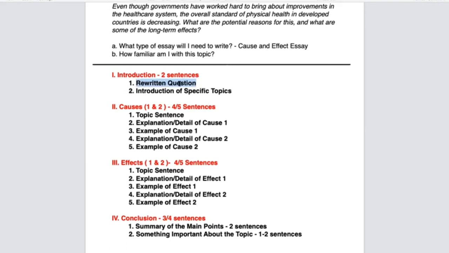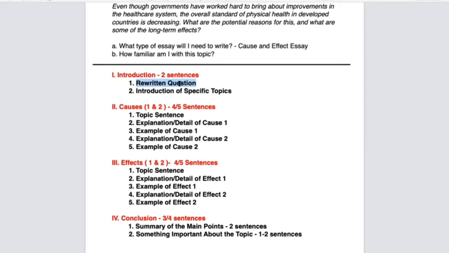Now, like I said earlier, the outline will help you for task achievement and coherence and cohesion. Writing out your notes before you actually start writing your essay will help you with a lexical resource, and it will get you thinking about the grammar structures that you want to use when you actually write your essay. So this will help you with vocabulary and grammar.